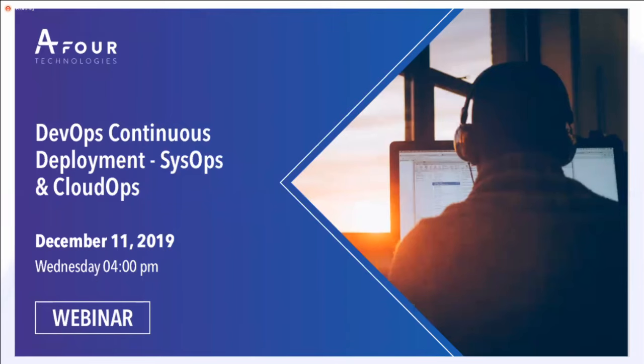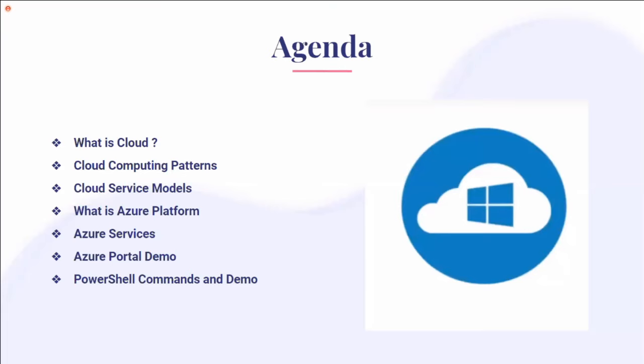So today we're going to discuss DevOps Continuous Deployment, which includes SysOps and CloudOps. So here's today's agenda for our presentation. Initially, we're going to look at what is cloud and its benefits and advantages.